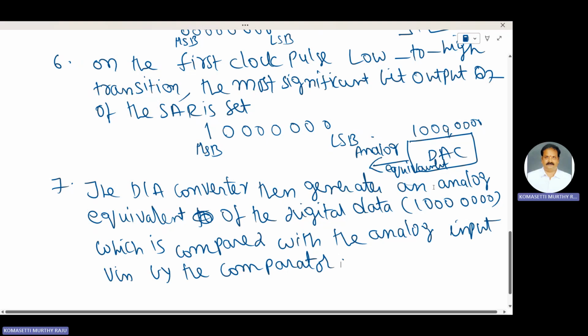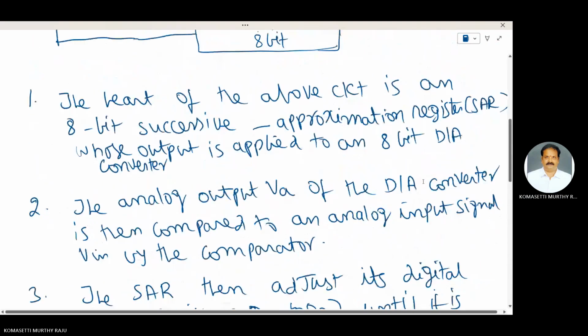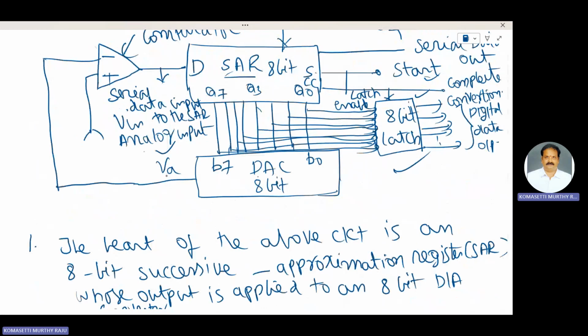This VA, 170, is compared with Vin by using that comparator.